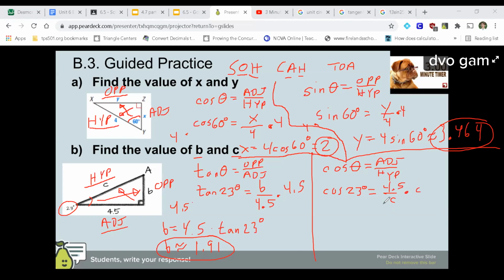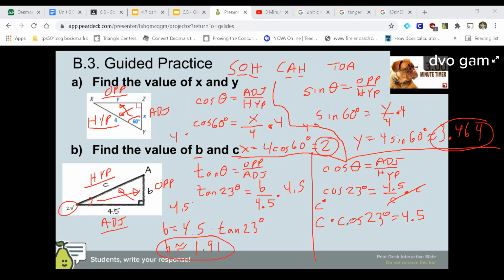Well, multiplying by C. So you're still going to multiply by the denominator as your first step. The only thing that's different is your denominator is now a variable. So your problem is actually not done. You have to do one more step to get C by itself.